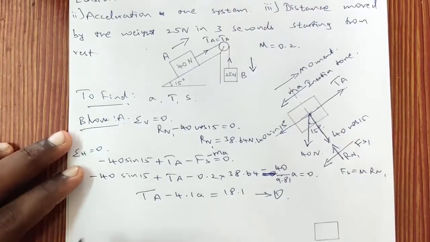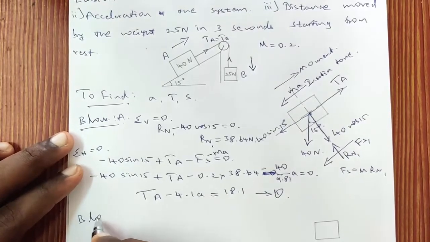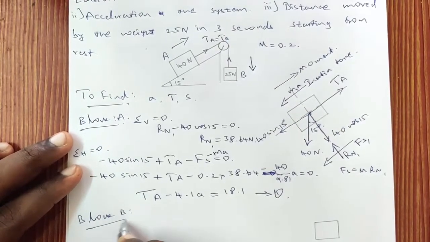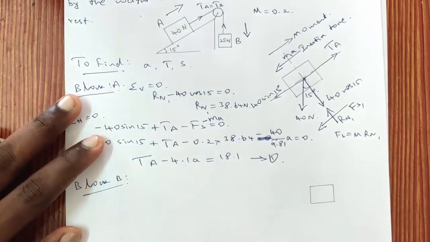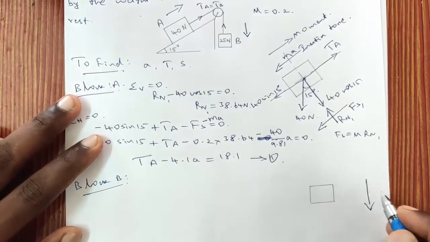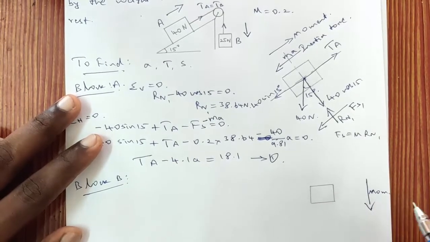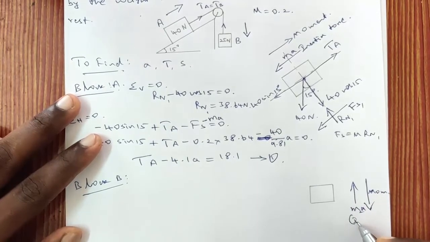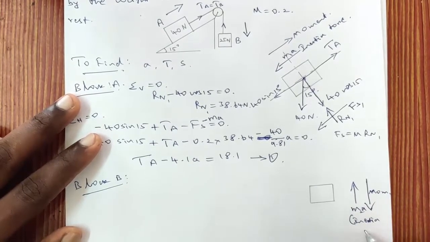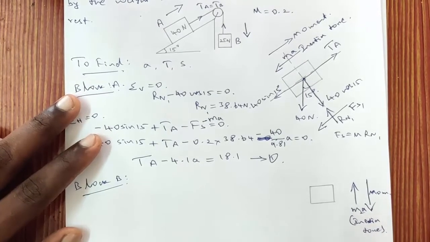Then consider the second block, that is block B. Okay, so the block B is moving in the downward direction, so momentum will be there in the downward direction. So inertia force M2A will be acting in the opposite direction. So M2A, this is called as inertia force.